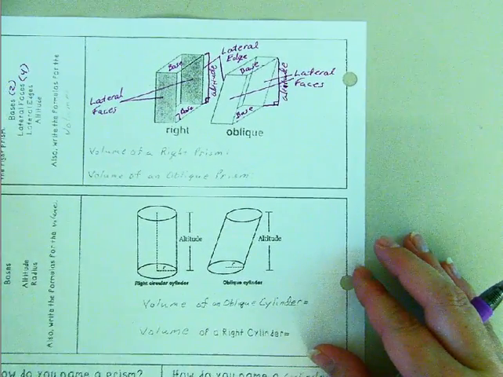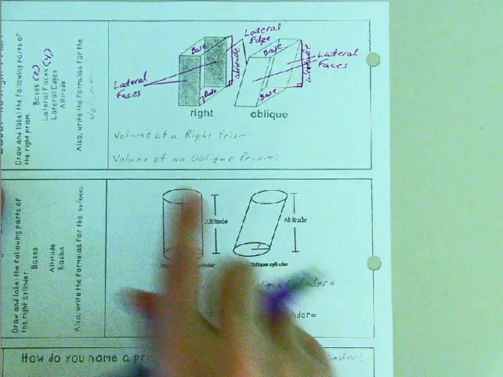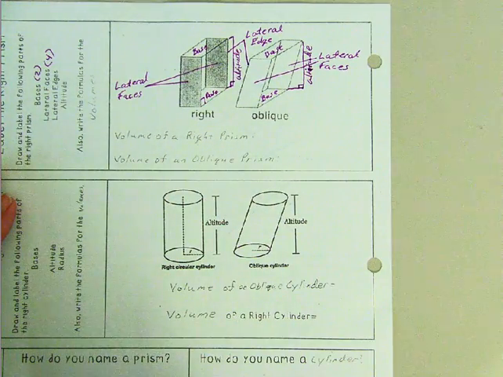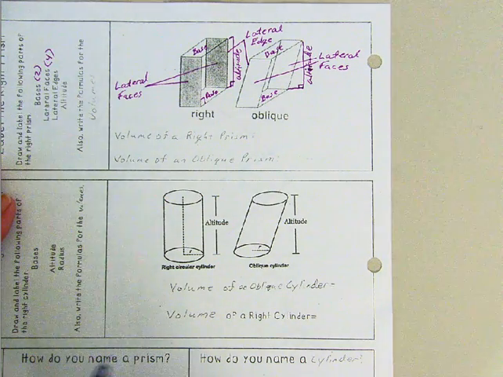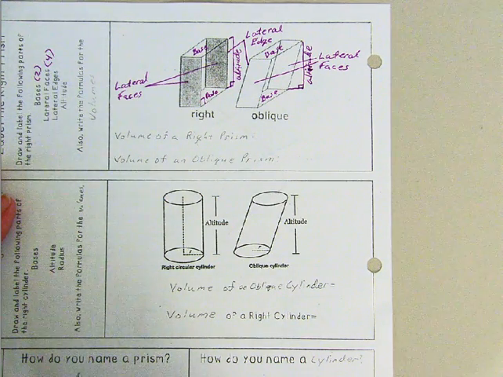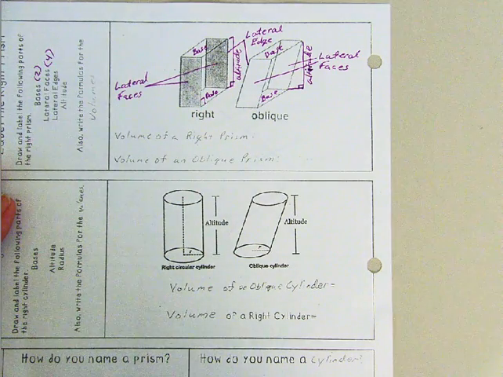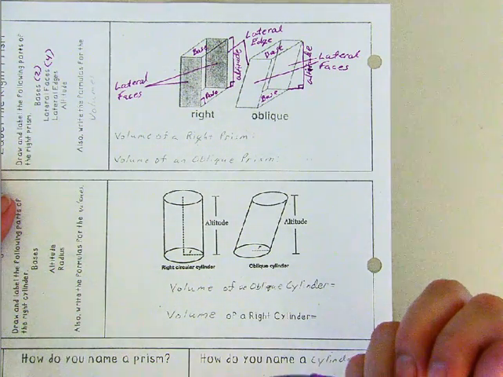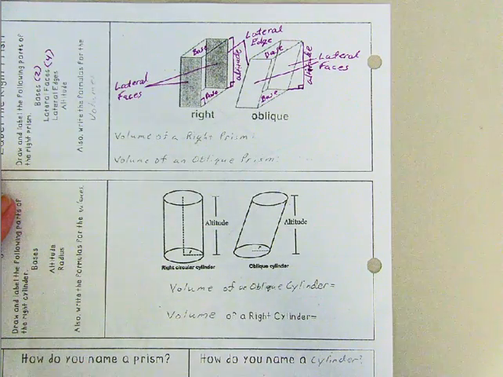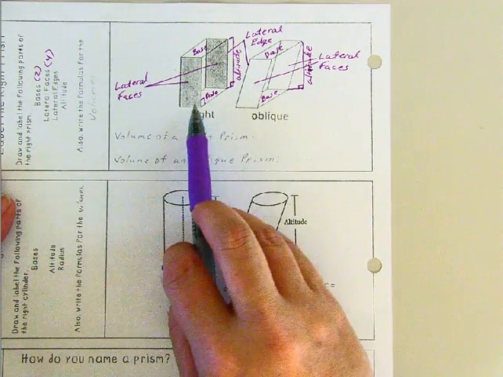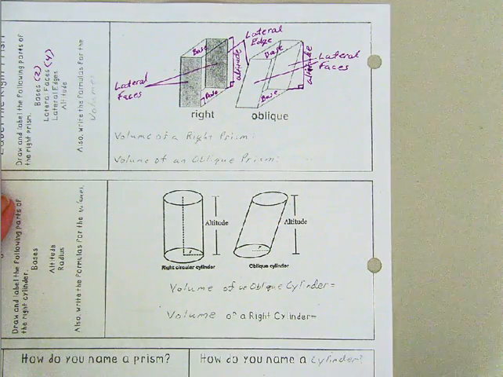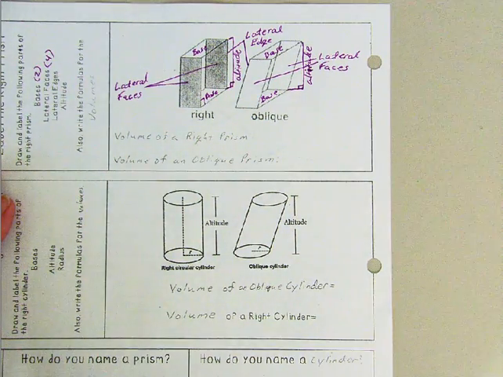And then we're going to be writing some formulas. The formula for our right prism and our oblique prism, the nice thing about them is they're the exact same. If you remember when we were talking about area for a rectangle, we were finding length times width. And when it was a parallelogram, it was base times height. Well, we're going to find the area of whatever base we have. It could be a rectangle, it could be a triangle, it could be an octagon or a hexagon.